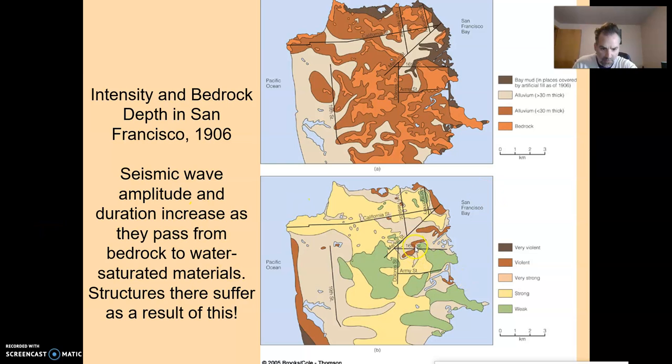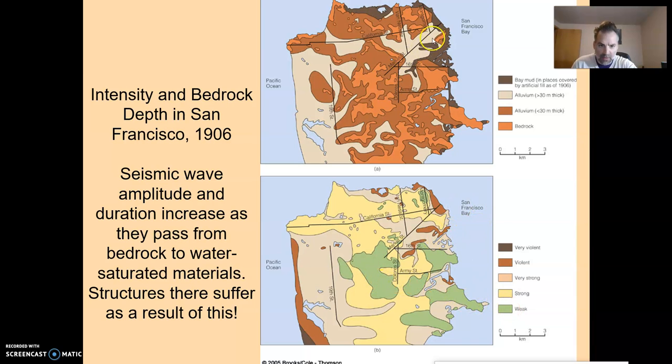So this little piece is violent right here. This is violent. Where's the brown? You've got very violent down here, and that's on alluvium. So yeah, it's on sediment or soil. And then here you've got weak, and this is on the bedrock. So actually you're better off on the bedrock. This is more bedrock here. And yeah, you're strong to weak in here.